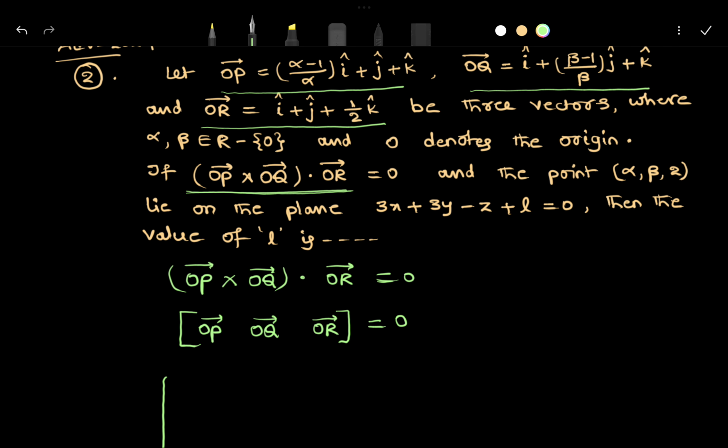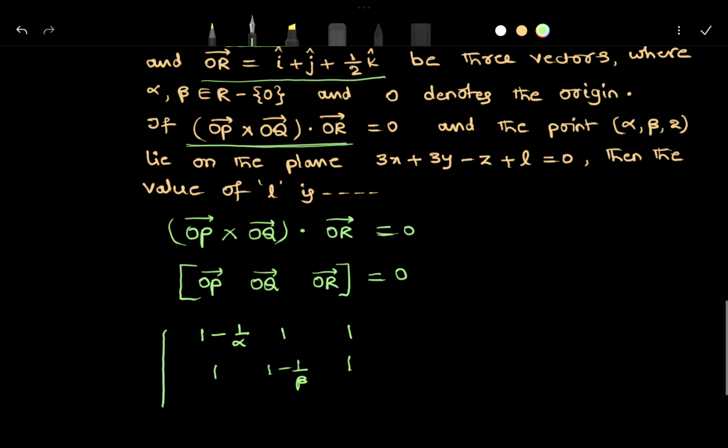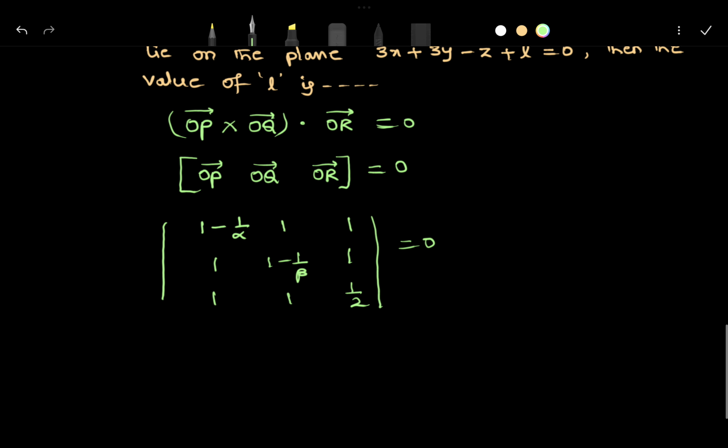So we can write 1 minus 1 by alpha, 1 and 1. Next, OQ bar is 1, minus 1 by beta and 1. And next, OR bar is 1, 1 and 1 by 2, equal to 0. So the meaning of this is this.